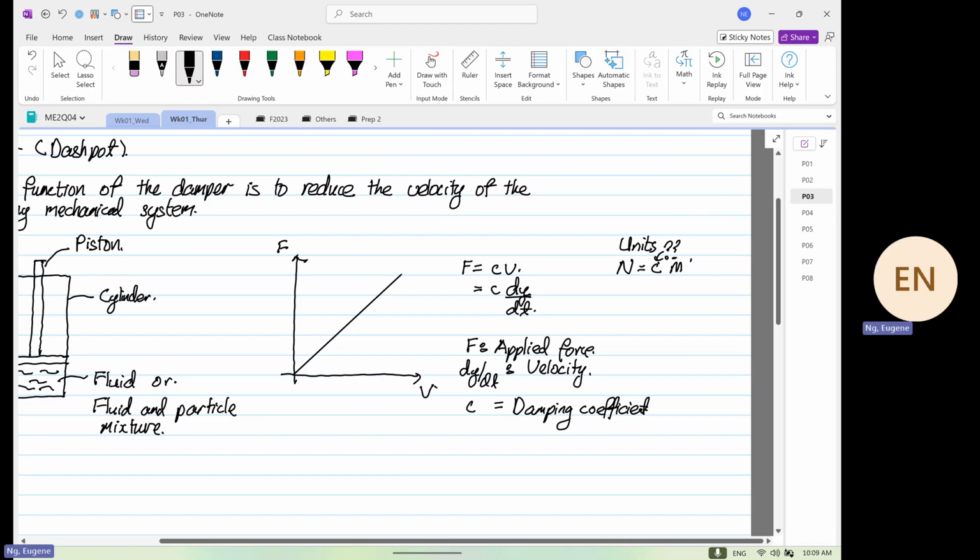Meters per what? Second. So the unit for C is what? Newton second per meter. We clear? Right? We just move the units across. So we know that applied force is in Newton, velocity is in meter per second, damping coefficient is in Newton second per meter. This is what we call balancing of equations.